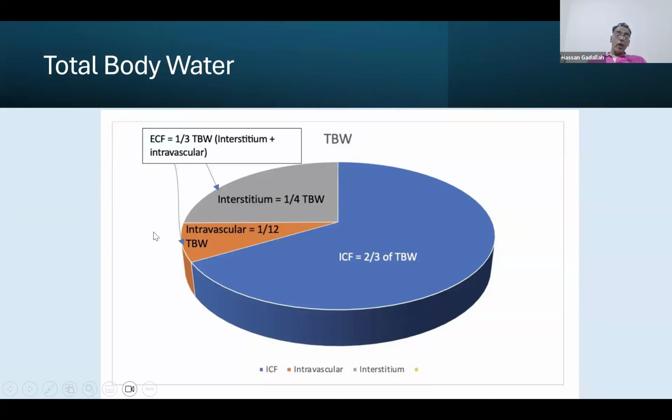It's going initially to the extracellular compartment, and then by osmotic gradient, it moves to the intracellular compartment. So this means that sodium, which is the major extracellular cation, is a major force or major solute which is controlling the content of water in the human body.